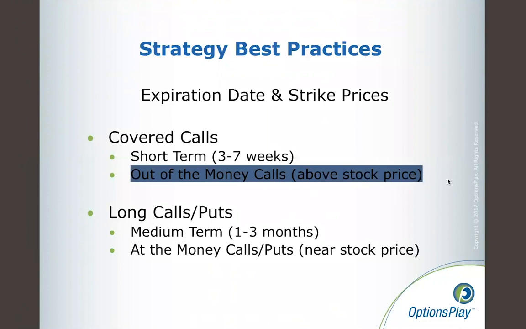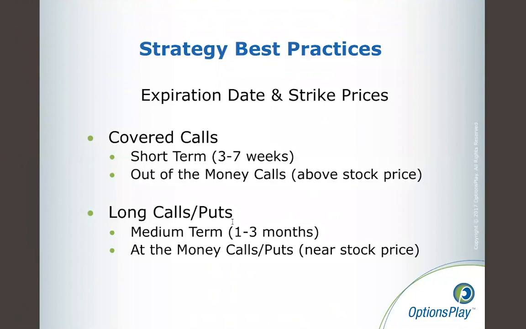When you're buying calls and puts, it's a little different. You usually want to start off a little longer dated, usually anywhere from 1 to 3 months out. This is really because of something that we'll talk about in the next slide. But basically, when you're buying a call option, you have time premium working against you, and to help mitigate that, you usually want to go a little further out in time. 1 to 3 months in terms of expiration is usually a good starting point.